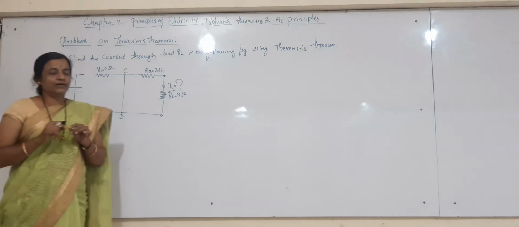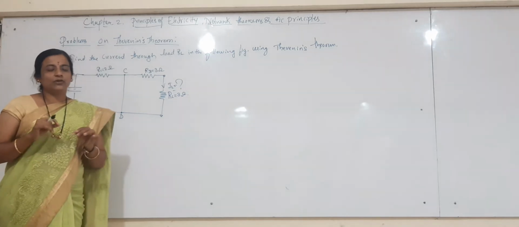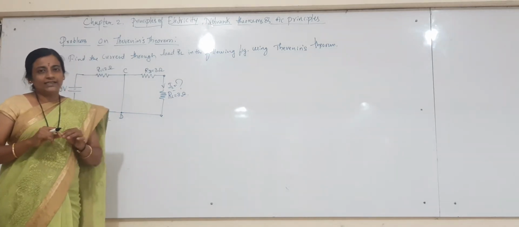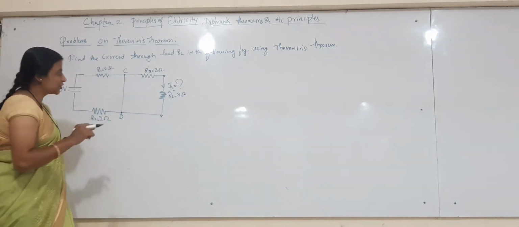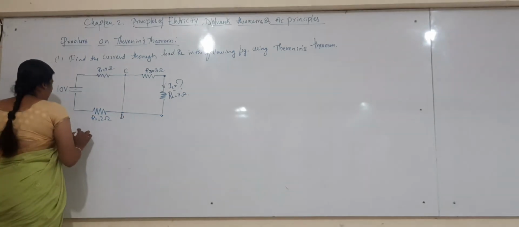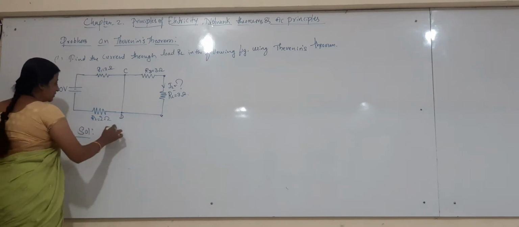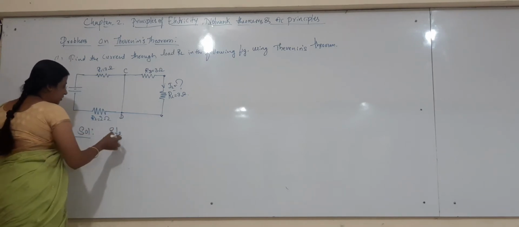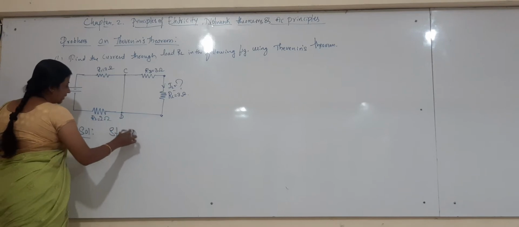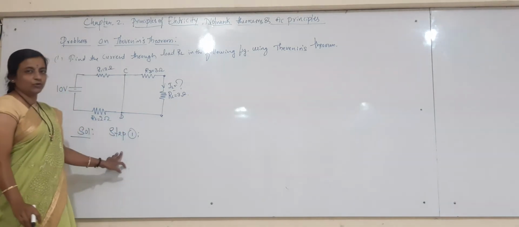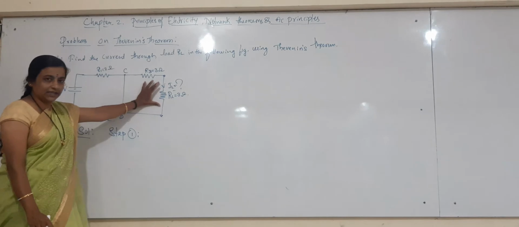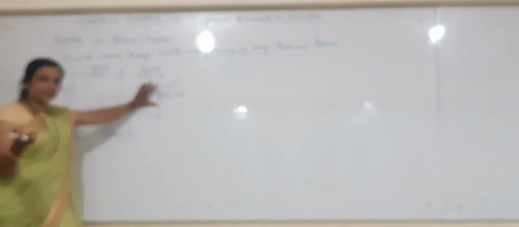According to Thevenin's theorem, what are the steps used for analyzing the circuit? The first step is to identify your load resistor. In the solution of this problem, step 1: we have to Thevenize the circuit. Identify the load resistor and then remove it.